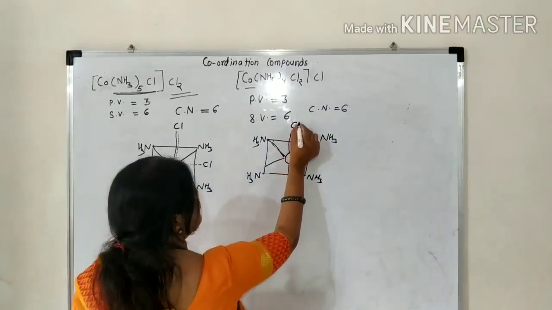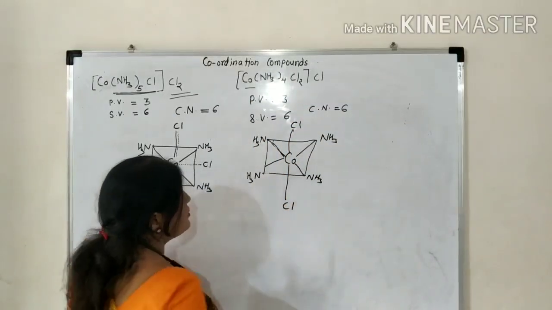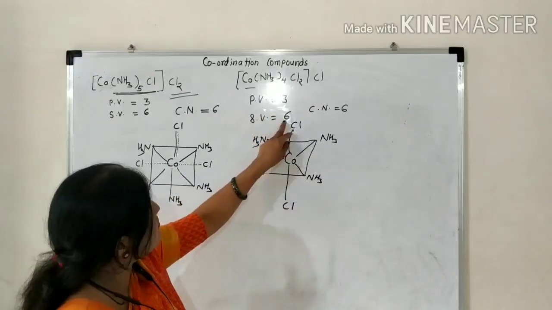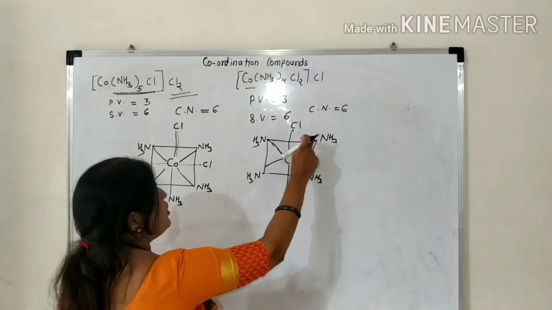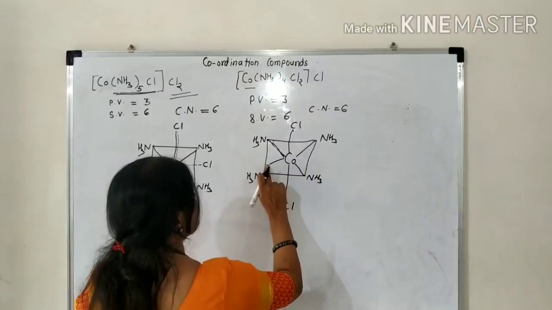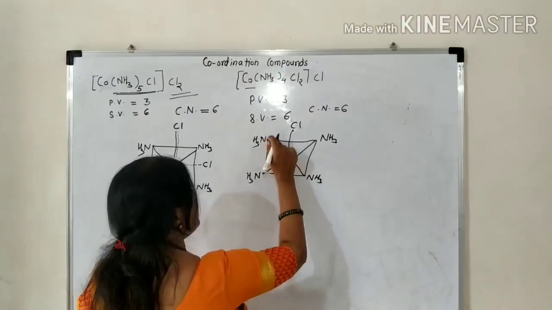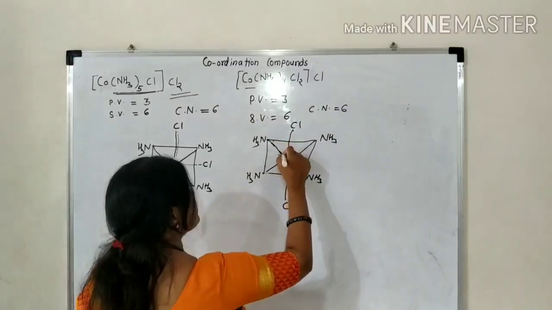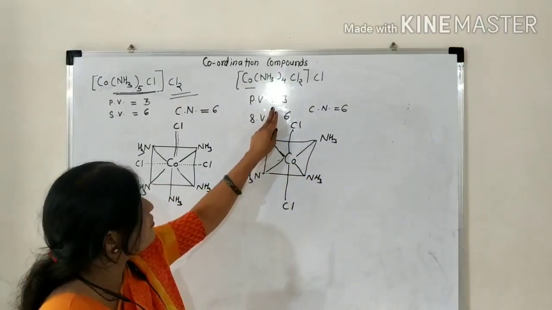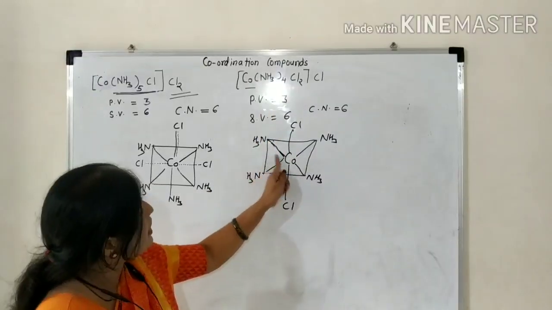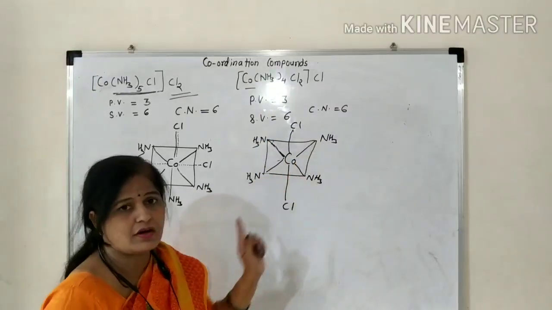Therefore here also chloride and chloride. And here secondary valency is satisfied. Secondary valency is 6: 1, 2, 3, 4, 5 and 6. This secondary valency is denoted by a dark line.